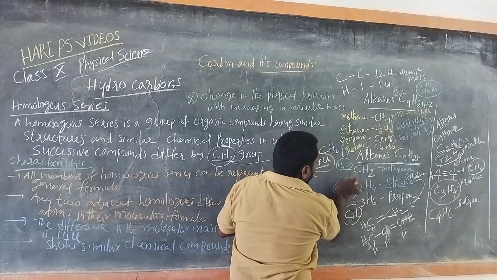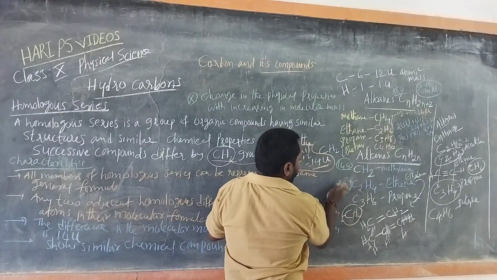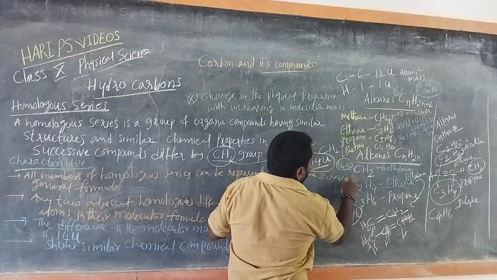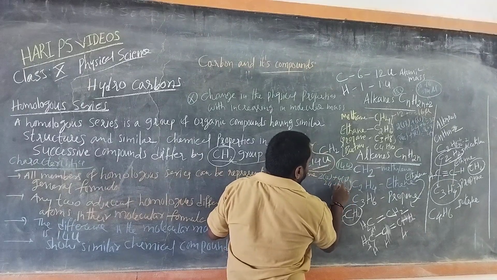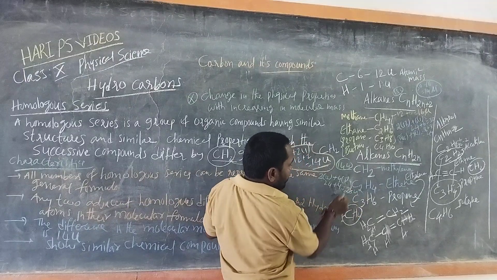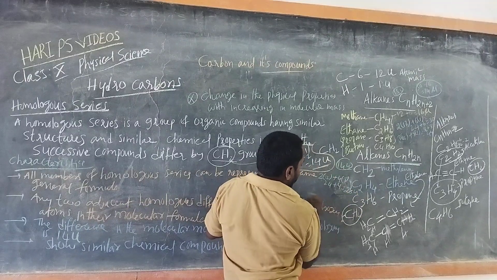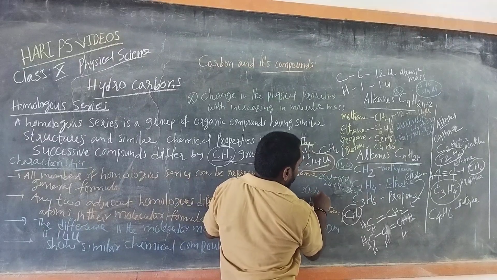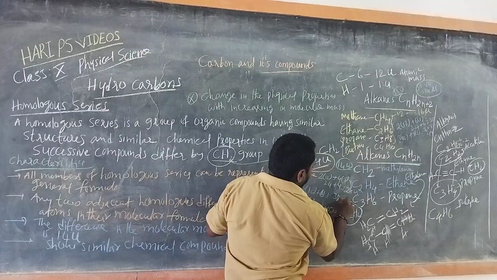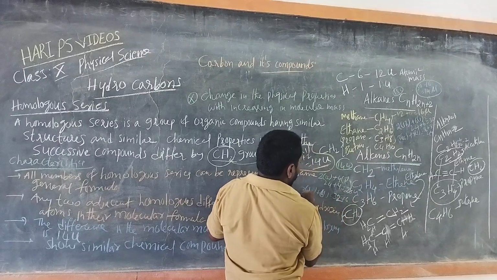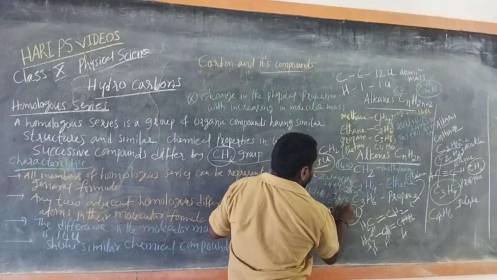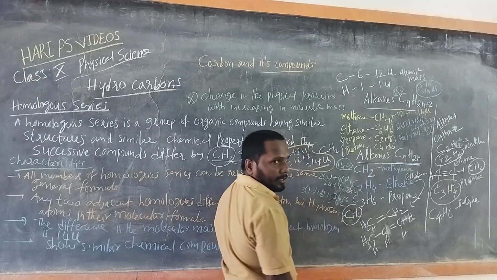Then C2H4: 2 times 12 plus 4 times 1, 24 plus 4 is equal to 28. Again difference 14. Here 3 times 12 plus 6 times 1, 36 plus 6, 42. Again difference 14.